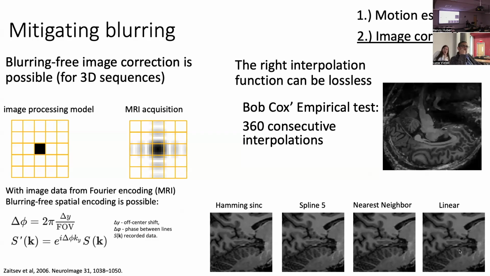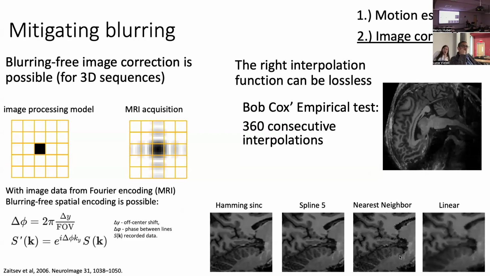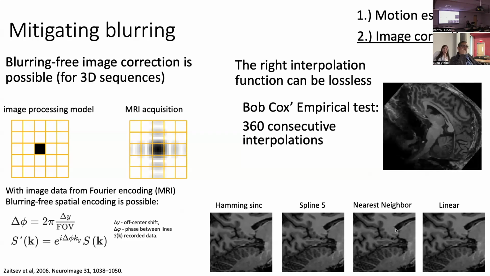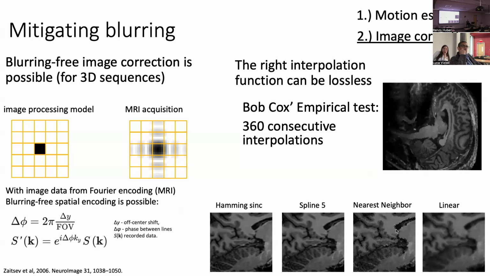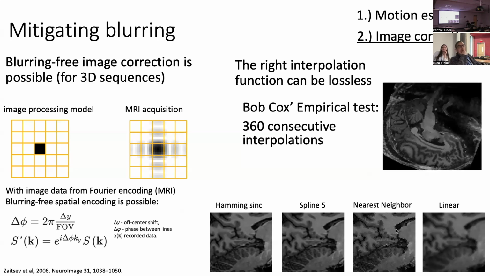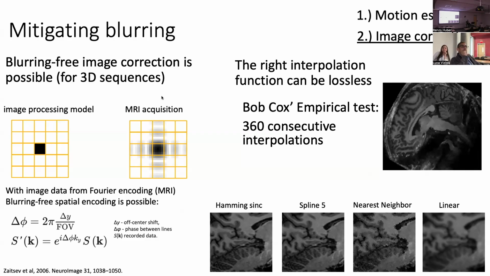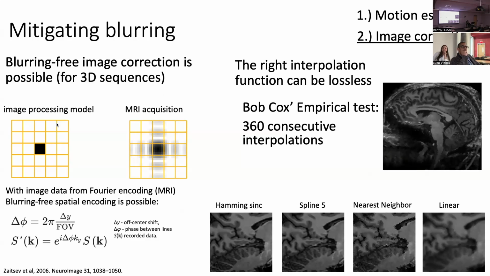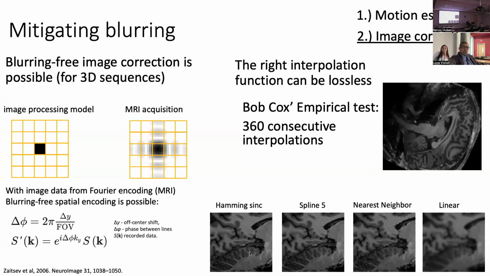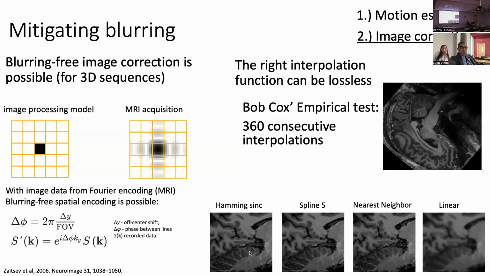And this might be referring to the animation of the motion correction that John also showed. For nearest neighbor interpolation, it looks like it's not blurring, but it's actually even more blurring. It depends what you mean by blurring. There's more local displacement. It doesn't look smooth, but the displacement is the biggest. Now, if you try to capture this Fourier encoding domain with sinc interpolation, animation is stopped, you might see some errors.